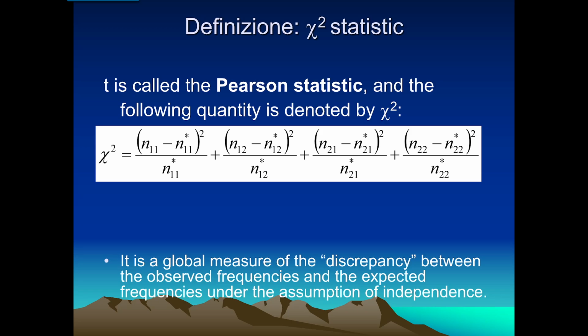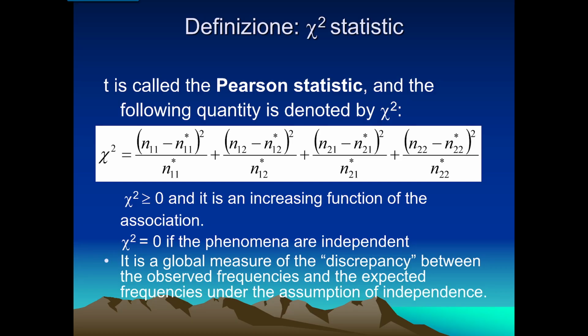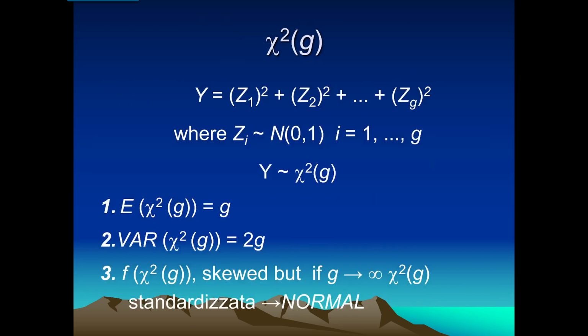A chi-square random variable is the sum of 4 terms, but remember that you have just 1 degree of freedom, and in fact it is distributed as a chi-square with 1 degree of freedom. So you see it is a sum of squares, therefore this statistic cannot be smaller than 0. The larger it is, the larger is the difference between effective and theoretical frequencies. So it has a chi-square distribution, and we have seen the distribution of the chi-square anyway.